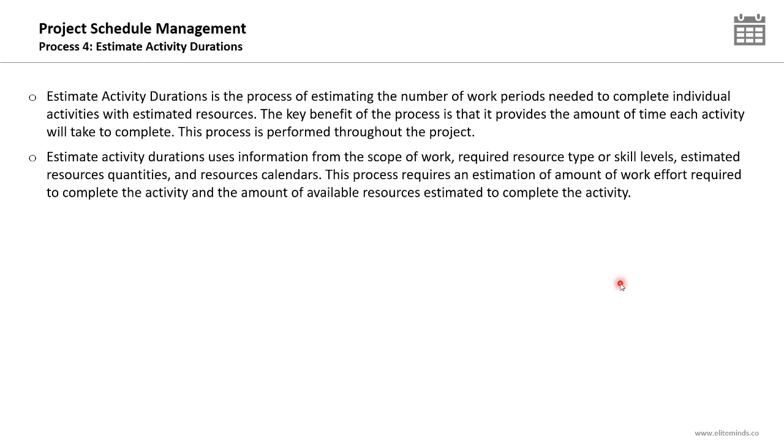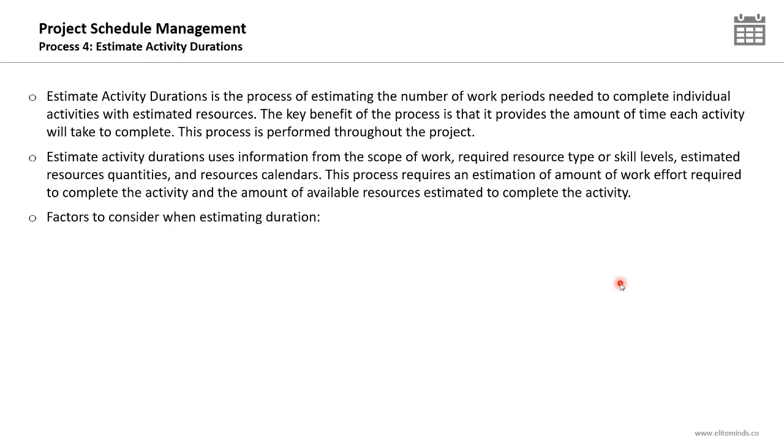Once I have these inputs, I can determine the required duration to finish the work related to each activity. This process requires an estimation of the amount of work effort required to complete the activity and the amount of available resources estimated to complete the activity.